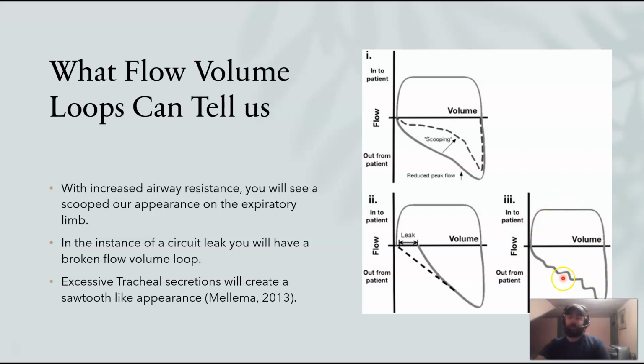If you see this sawtooth pattern here, so in the instance of a scalar one, on the top of that waveform, that decelerating ramp, you're going to see that jagged sawtooth motion as well. That indicates airway secretion, so you know that your patient probably needs to get suctioned, and also it could indicate some water buildup, rain out in your circuit, so you might have to drain that if you see that waveform and suctioning doesn't fix it.